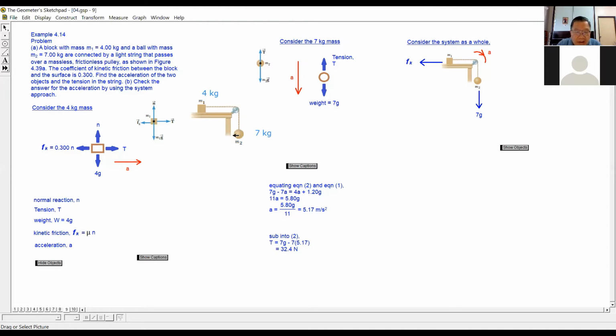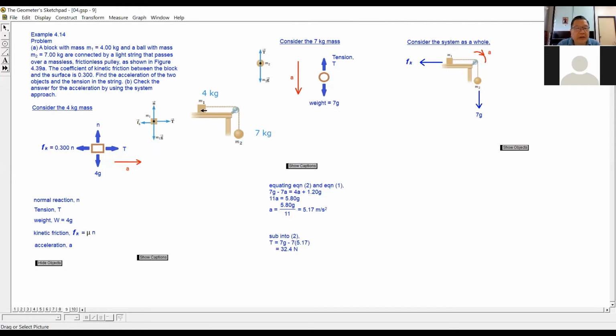Then we are going to look at the 7 kilogram mass alone to form the equation. So now we are going to look at the 4 kilogram mass, the one that is resting on the table.